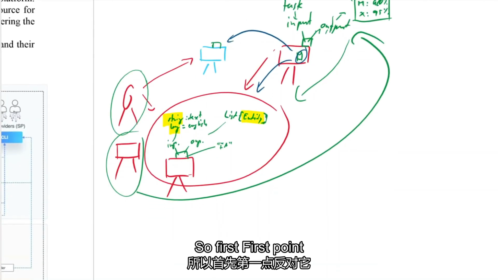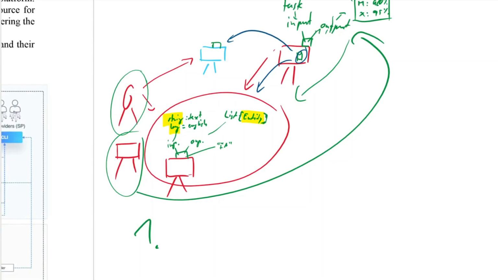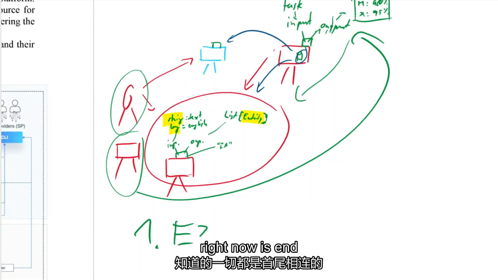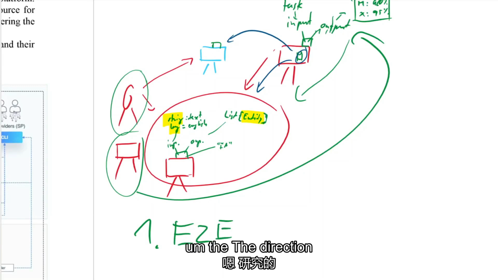So first point against it, everything we know right now is end-to-end. The direction of research is clearly going into less structured data and more end-to-end. That means if I want to do a text or document summarizer, I am right now much better off just training a giant model that does it end-to-end rather than using many, many small models.